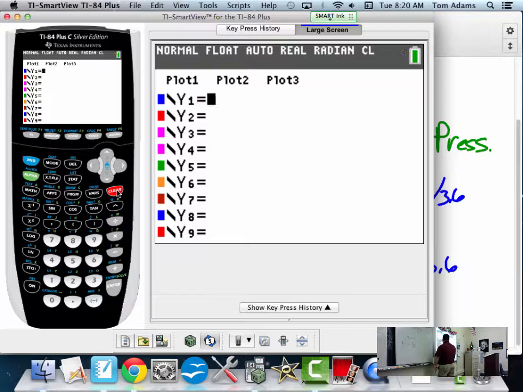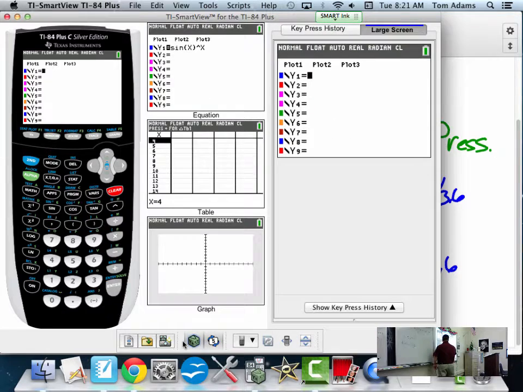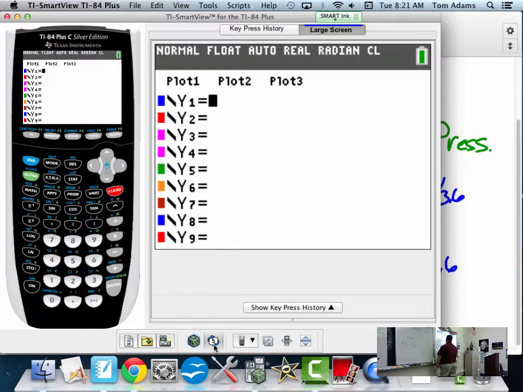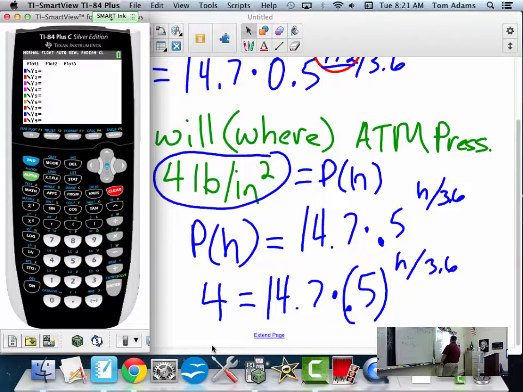By graphing. Well, the easy way is to graph the left-hand side of the equal sign and then graph the right-hand side of the equal sign.